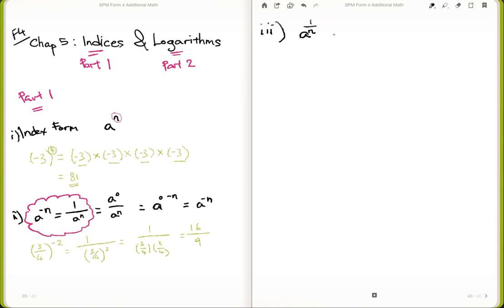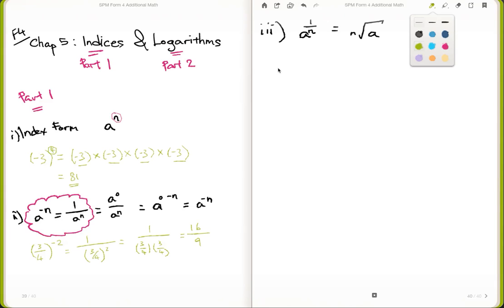It turns out to be the n-th root of a, like the square root of a. That's the concept. These are the laws that you're supposed to know. Let me give you an example.